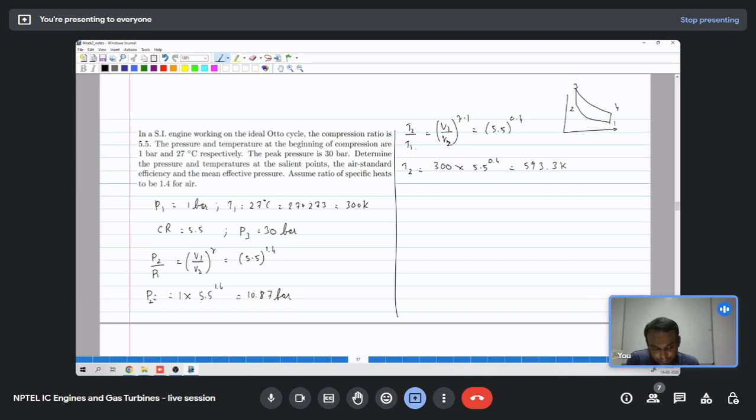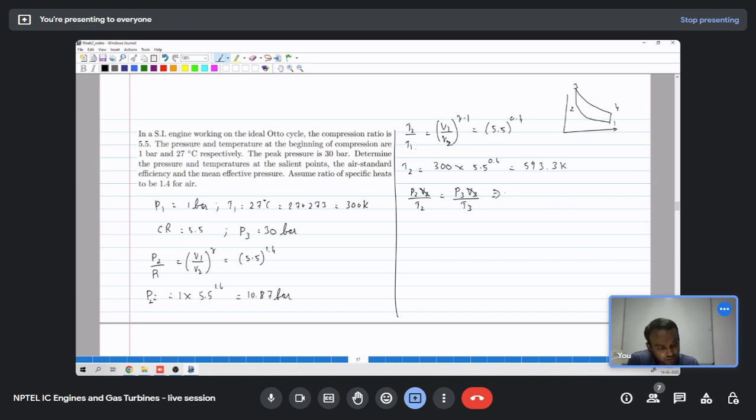Now P3 is given as 30 bar. We can calculate T3. For this we use the relation P2 V2 by T2 is equal to P3 V3 by T3. Here between 2 and 3 the volume is same, so the volume gets cancelled.